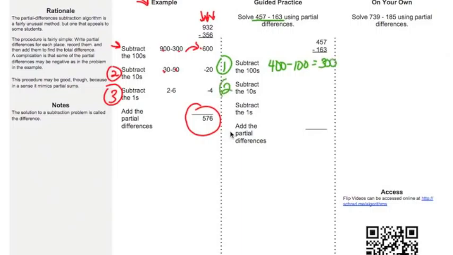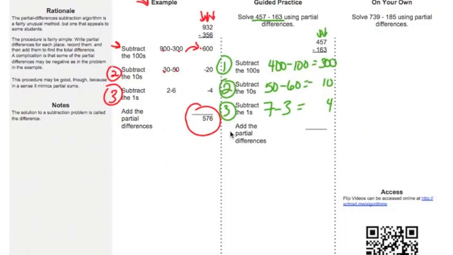Step two is I'm going to subtract the tens. In my tens place, I get a 50 minus a 60, which is actually a negative 10. Notice I'm still going to try to line up my place value. And in this case, my last step is to subtract the ones, which I get 7 minus 3, which equals 4.